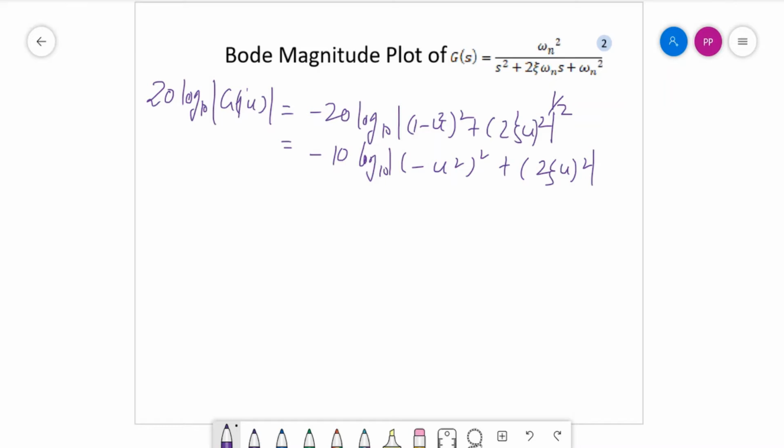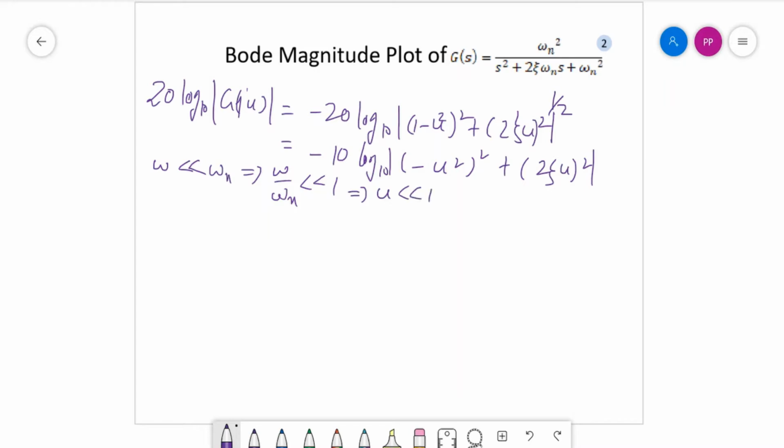Take the first case when the value of omega is very much less than omega n. Omega is very much less than omega n, which implies that omega by omega n is very much less than 1, which implies that u is very much less than 1.